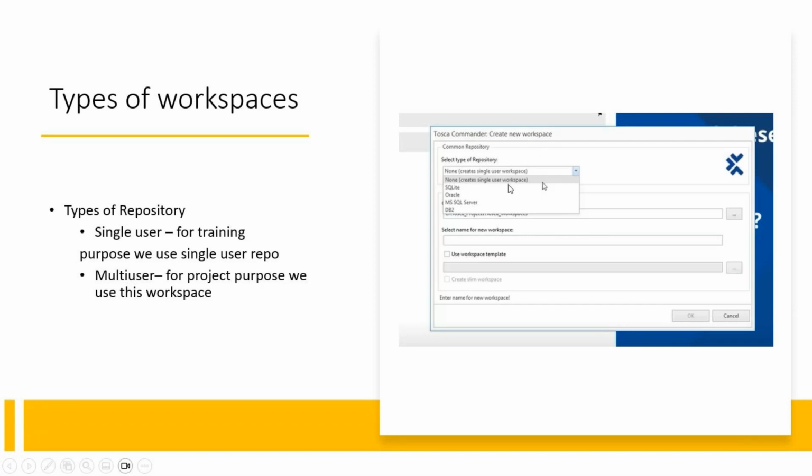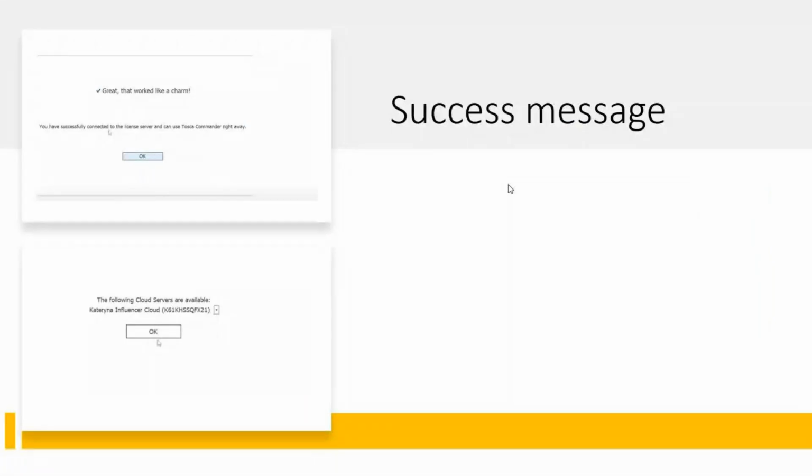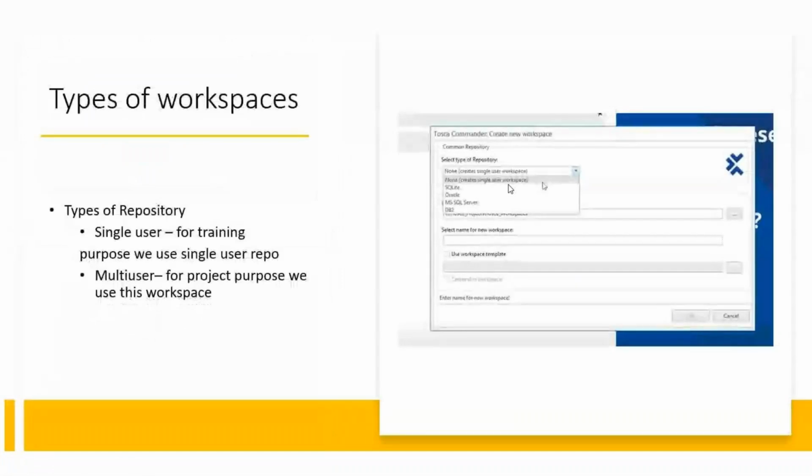Here, once you click to create a workspace, you will see these different types: none, SQLite, Oracle, MS SQL Server, and DB2. We select none as we are doing a single user workspace, and for the other values we create multi-user workspaces.